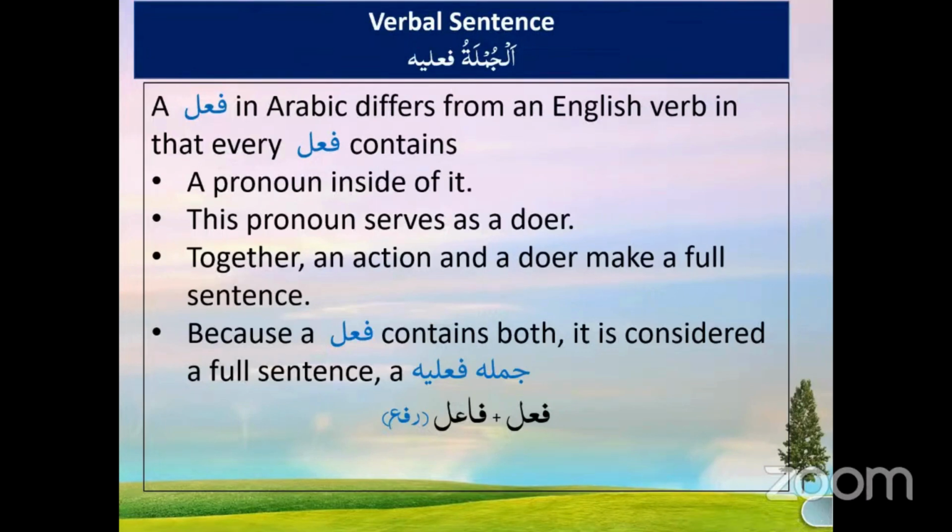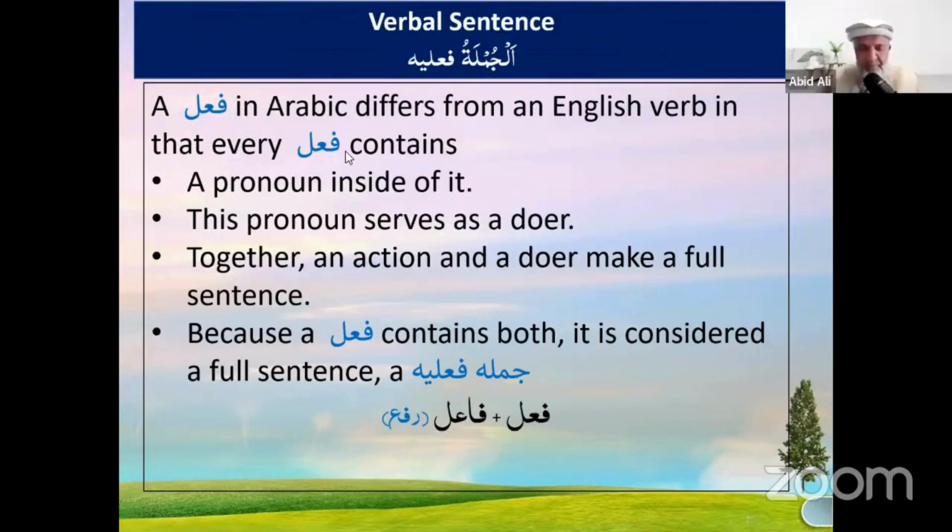Yes. Okay, so the people who know, that's fine, but for the benefit of our new students, I'm going to talk about the pronouns in a second. So the pronoun serves as a doer. In every fa'il in Arabic, there is a pronoun by default inside of it. So keep that idea in mind and then we'll talk about it. So together, an action and a doer make a full sentence.